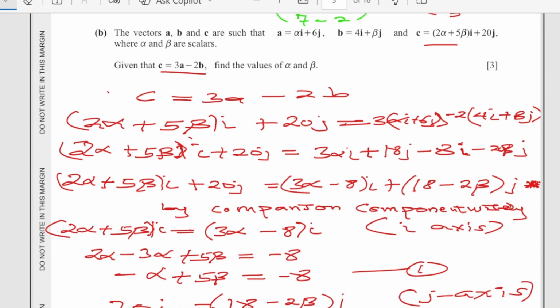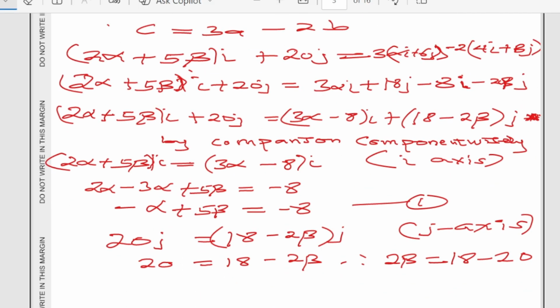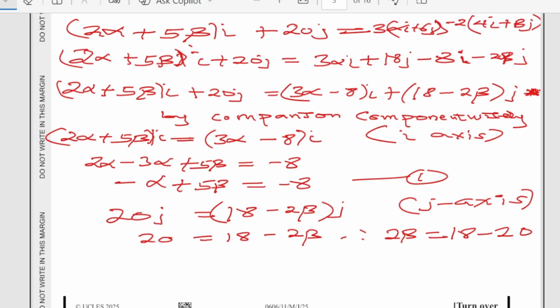So I have 20 is equal to 18 minus 2 beta. Therefore, I can write that 2 beta is equal to, take the beta here, that is equal to what? 18 minus 20. Alright, then with this, if I make beta the subject of the formula, that's 2 beta will be equal to minus 2. Therefore, beta is equal to minus 2 divided by 2, which is equal to minus 1. This beta is minus 1.